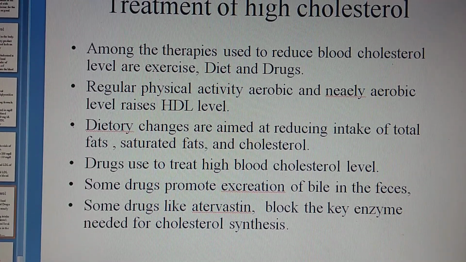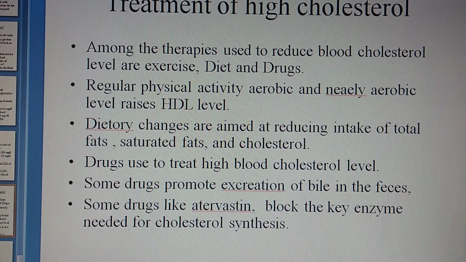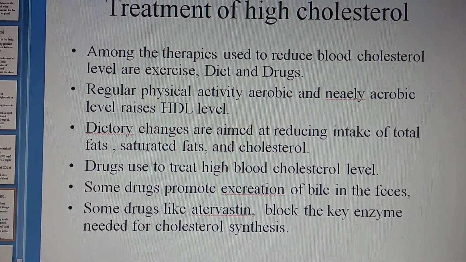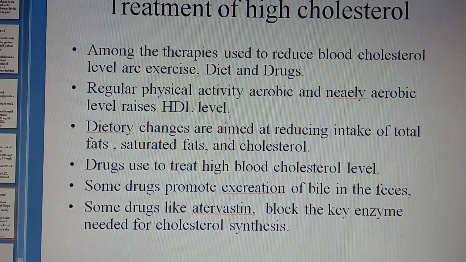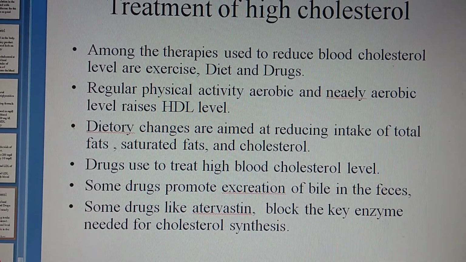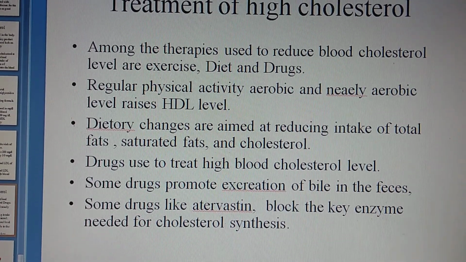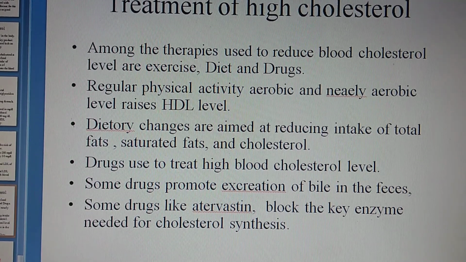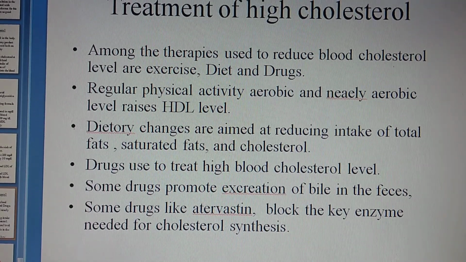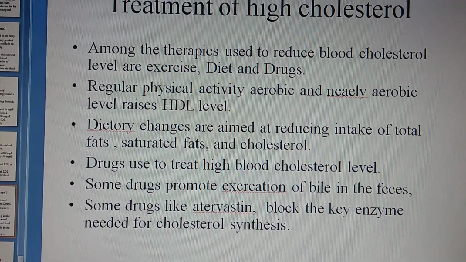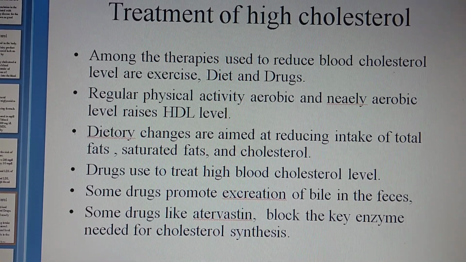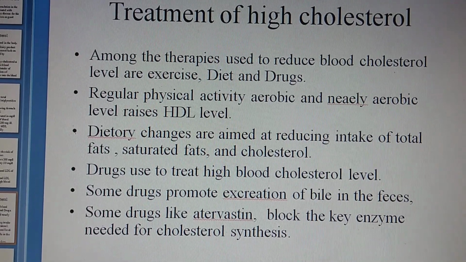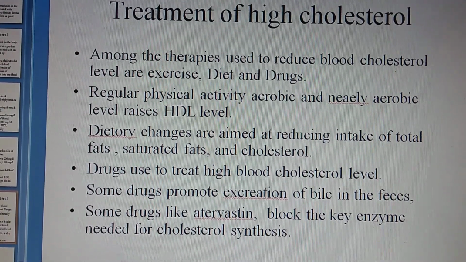Dietary changes are aimed at reducing intake of total fats, saturated fats, and cholesterol. Drugs are also used to treat high blood cholesterol level. Some drugs promote excretion of bile in the feces, and some drugs like atorvastatin block the key enzyme needed for cholesterol synthesis. This is about the different types of lipoproteins.